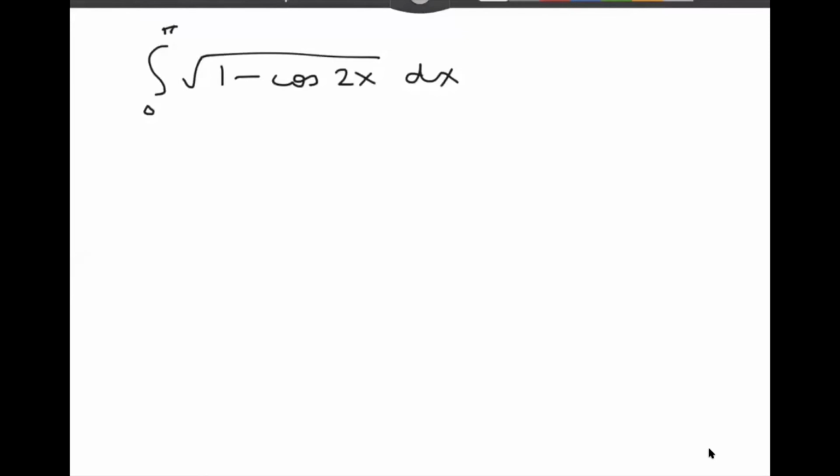All right, so remember the power reducing formula that has the minus in it, this minus right here, is the one for sine squared x.